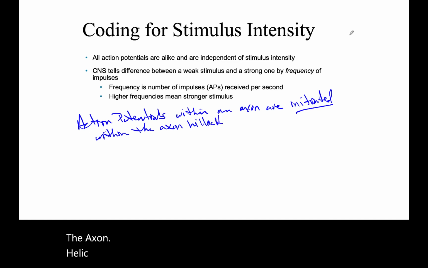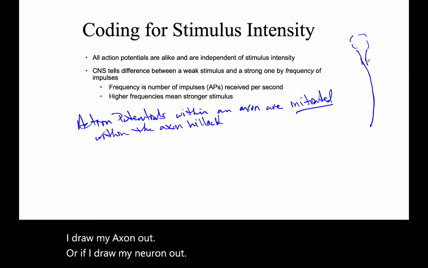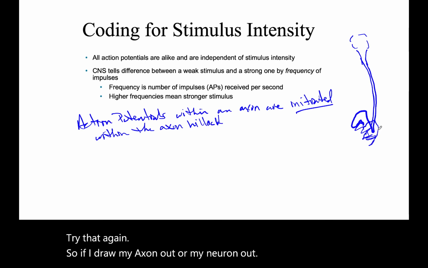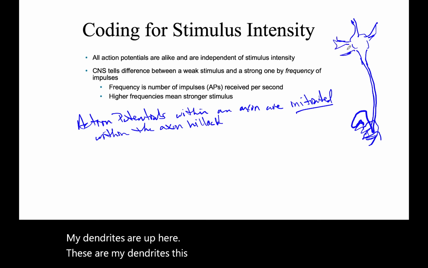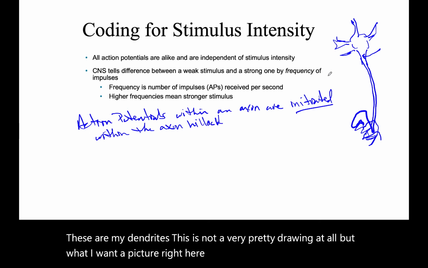So if I draw my axon out, or my neuron out, my dendrites are up here. This is not a very pretty drawing at all. But what I want to picture right here is the axon hillock.